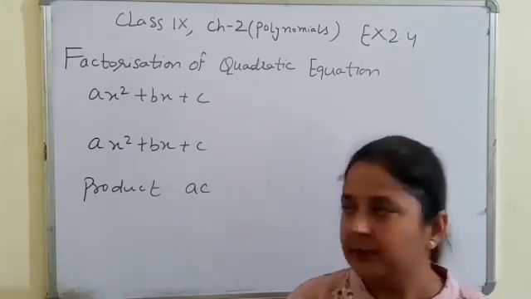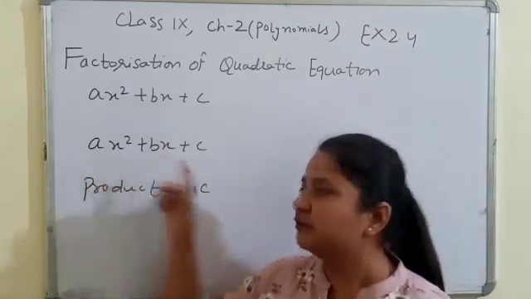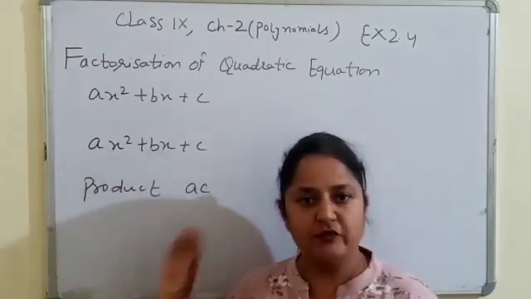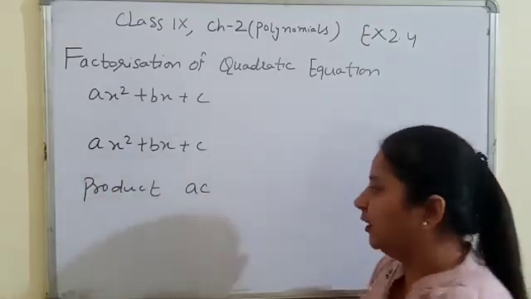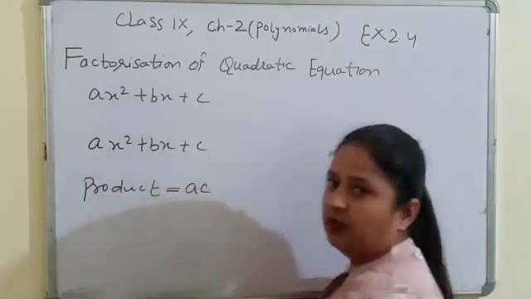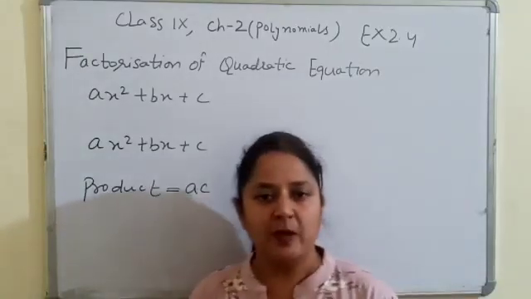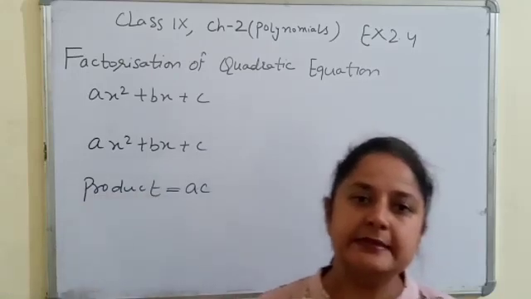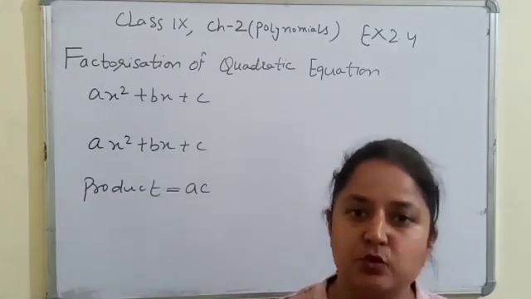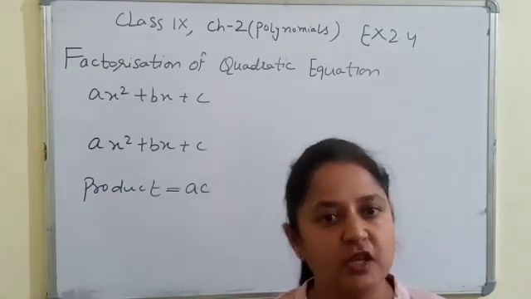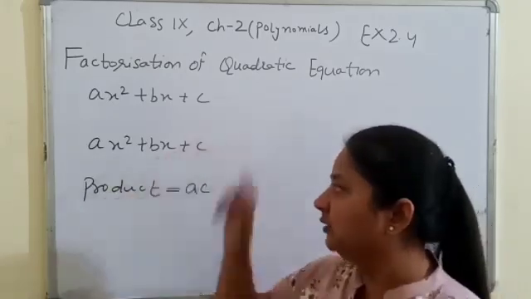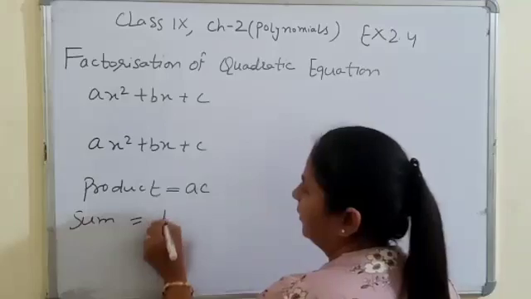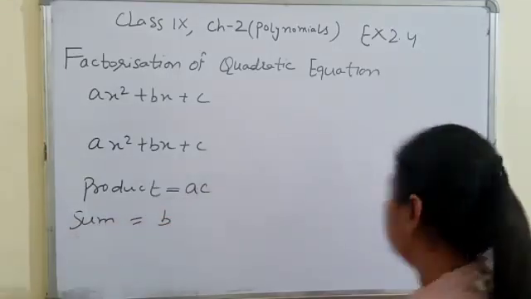Again I am repeating, first of all you have to do the product of the first coefficient and the third coefficient, and you have to split that product into two parts such that the sum of these two integers should be equal to the second term, the sum b.